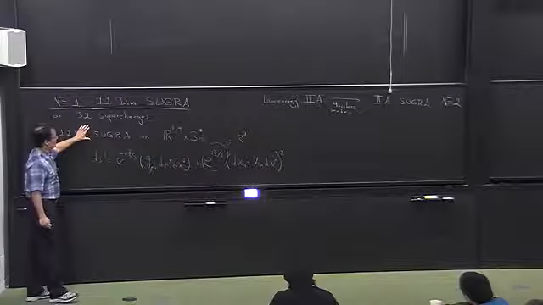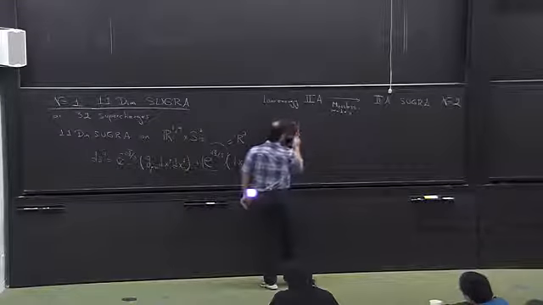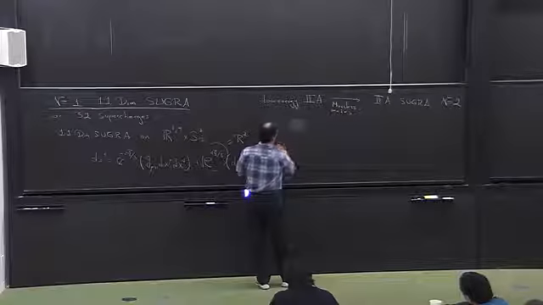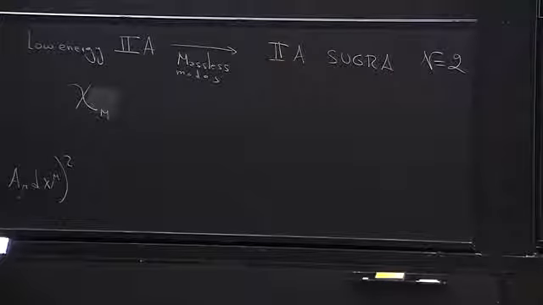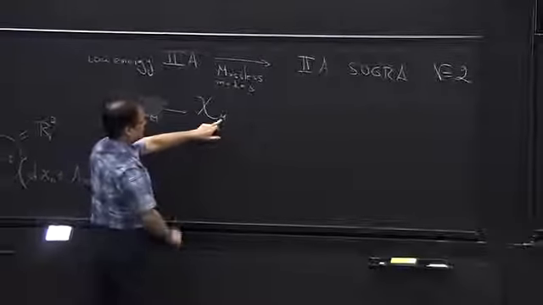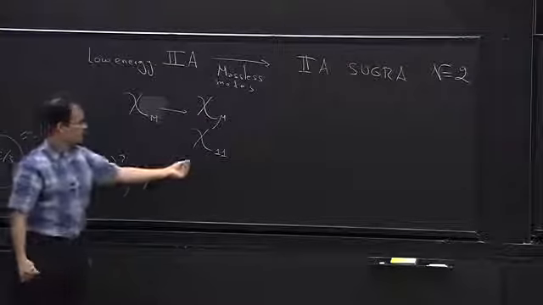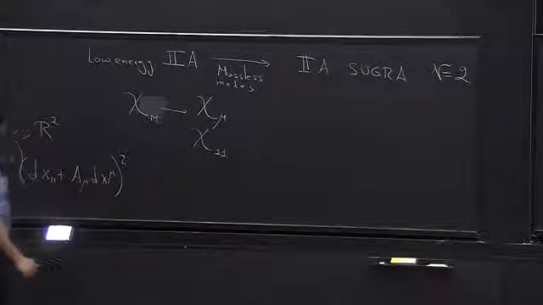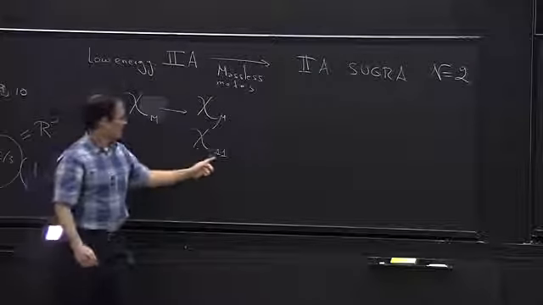So from a single Majorana spinor in 11 dimensions, when you go down to 10 dimensions, the components, well, I don't know the notation that you guys were using, but suppose that you have a gravitino in 11 dimensions, and when you go down, let's use these indices as the 10-dimensional indices, and this as the 11-dimensional index, meaning the 11th direction. Some people like to say that time is 0, and you have 1, 2, 9, and 10. And then this one will be called chi 10.